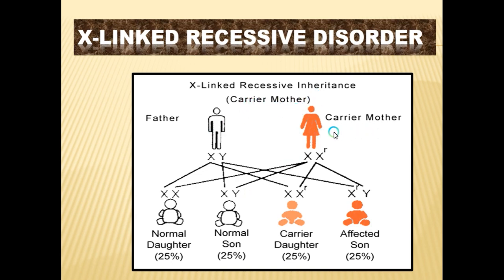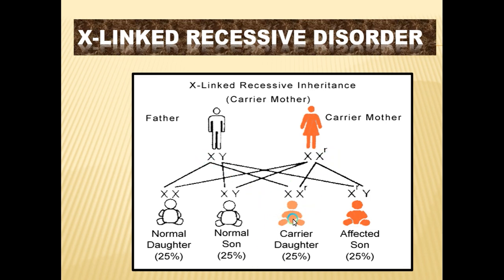Here the mother is a carrier and this is the father. So what you have is this X and this X, a 25% chance of a normal daughter. This Y and this X, a normal son, 25% chance. Then there is a carrier daughter, with this X and this one.